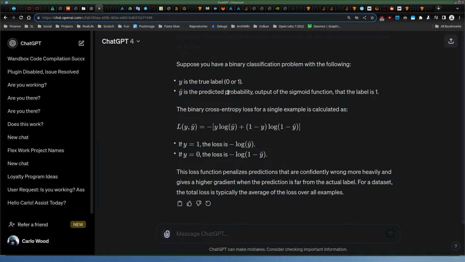Okay, since y is exactly 0 or 1, we just get either this term or the other one. Say y is 1, then this drops out, and it's just minus the log of y cap. And then if y cap equals y, it is exactly 1, then we get 1 times the log of 1, which is 0.